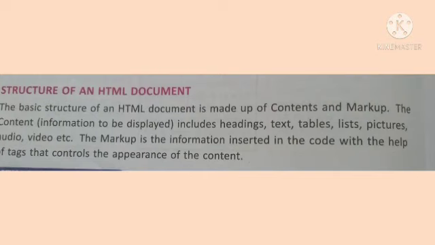Commands in HTML are called tags. HTML code is written in any plain text editor like Notepad. One thing you should remember is that the HTML code written must be saved with the .html extension. The page so created can be viewed by using a web browser.